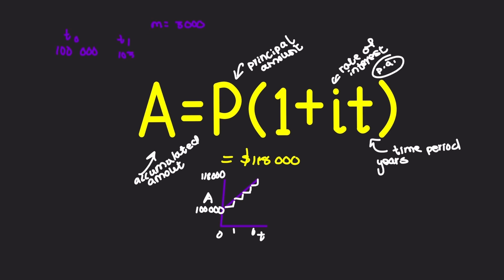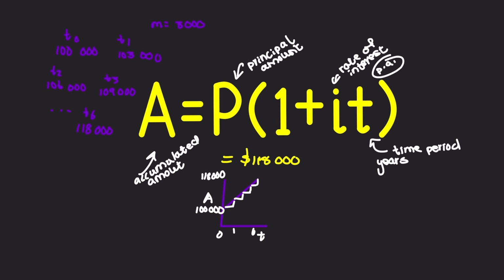Here I'll have 103,000. At time 2, I'm going to have 106,000. At time 3, I'm going to have 109,000, up until time 6, where I'll have 118,000. Super cool, right? But how can we relate that to a formula?